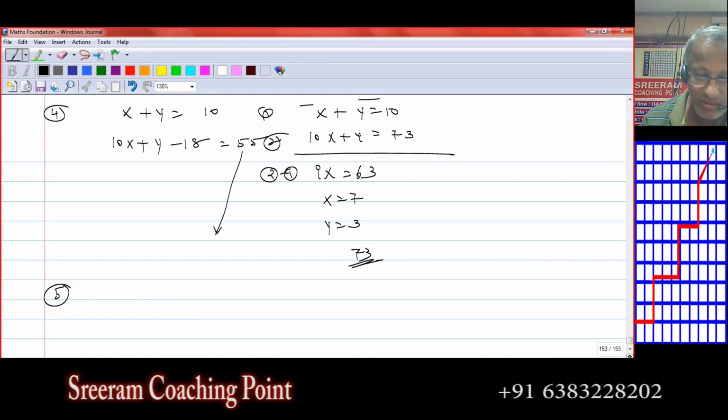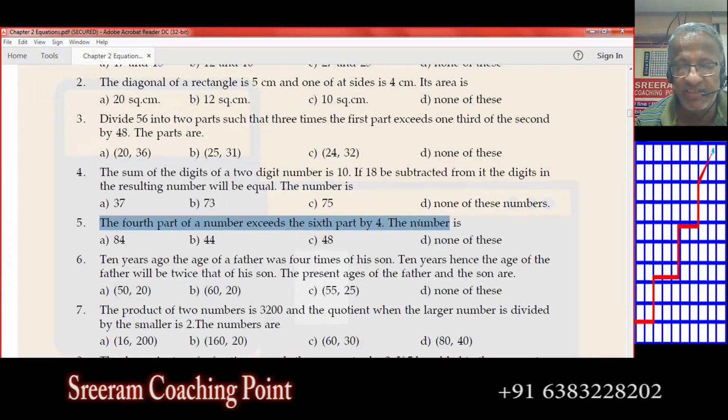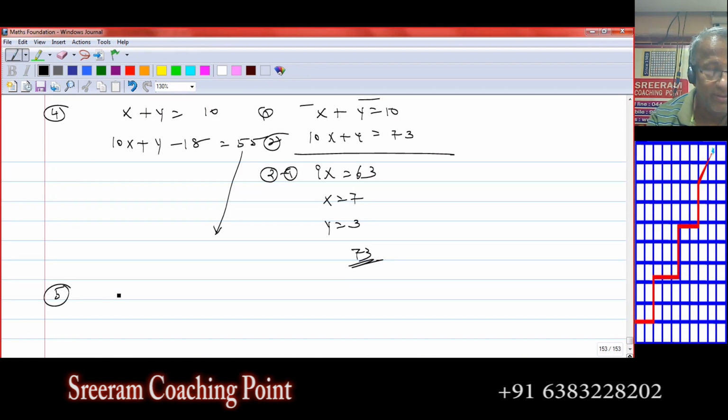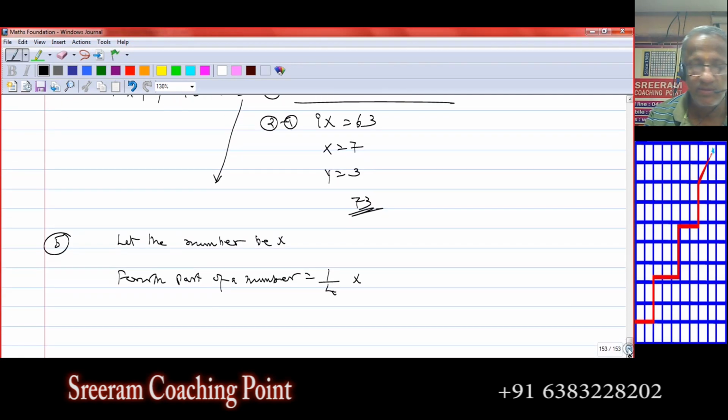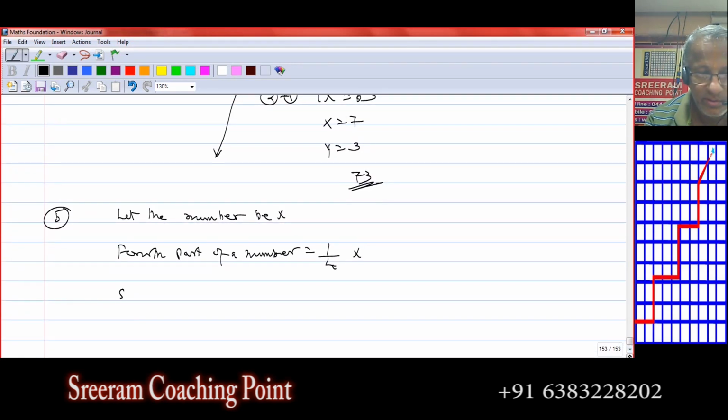So, the fourth part of a number exceeds the sixth part by 4. It is not about the digit. Let the number be x. Fourth part of a number is equal to 1 by 4x. Sixth part of a number is 1 by 6x.